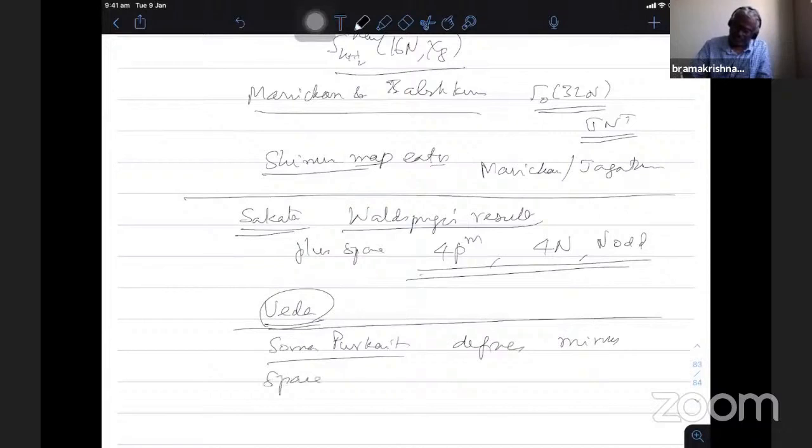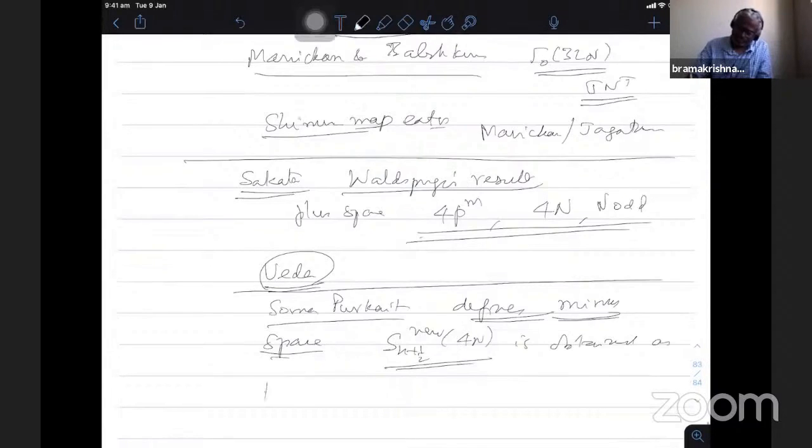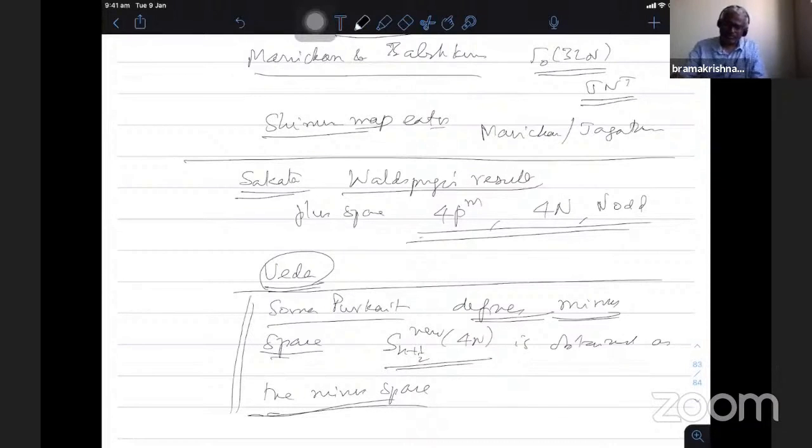What she does is that our space of newforms S_{k+1/2}^{new}(4n) is obtained as some minus space. I have to see that; I have not read it. There are two or three papers on half integral weight, and one can refer to those.